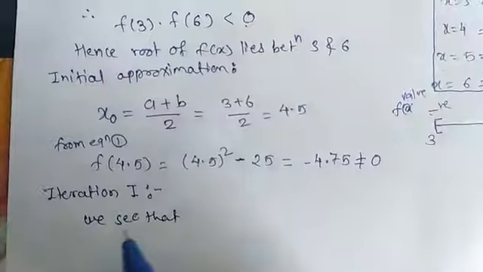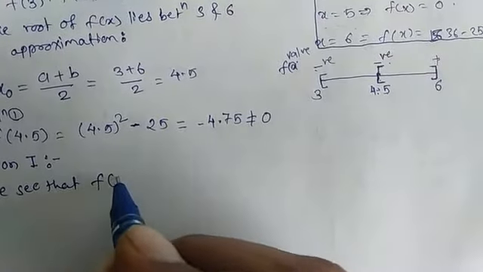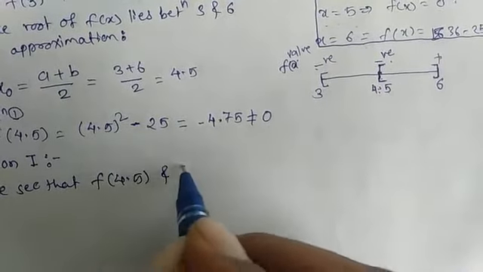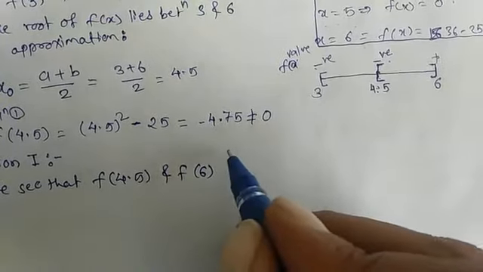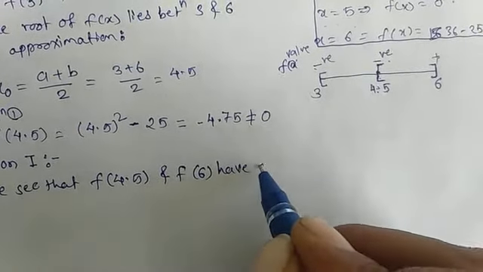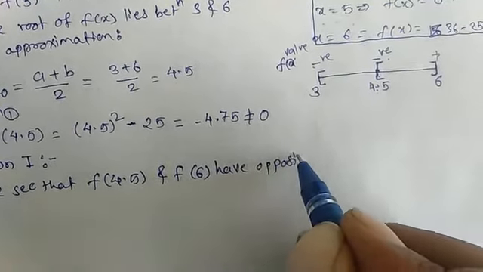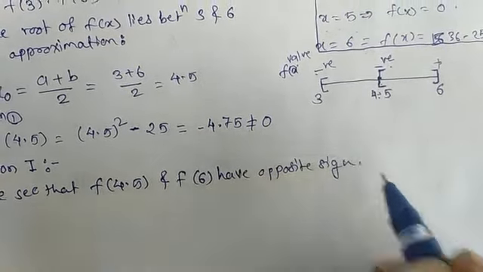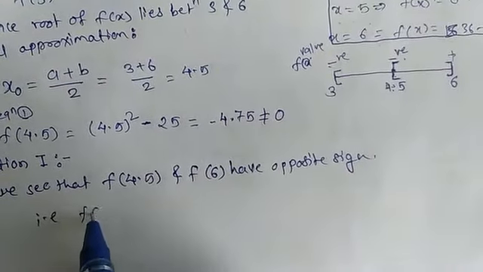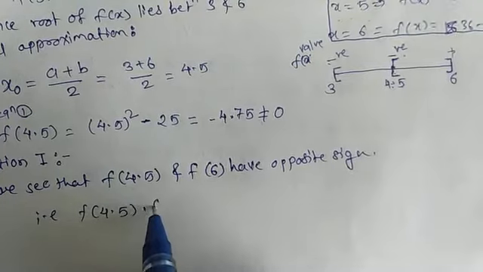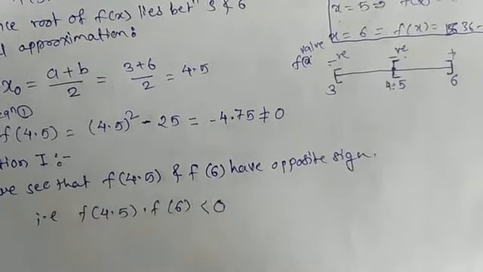So we see that f of 4.5 and f of 6 have opposite signs, that is, f of 4.5 into f of 6 is less than 0.